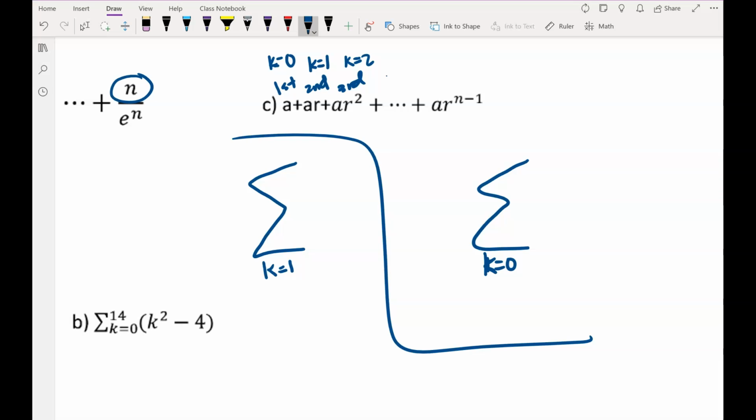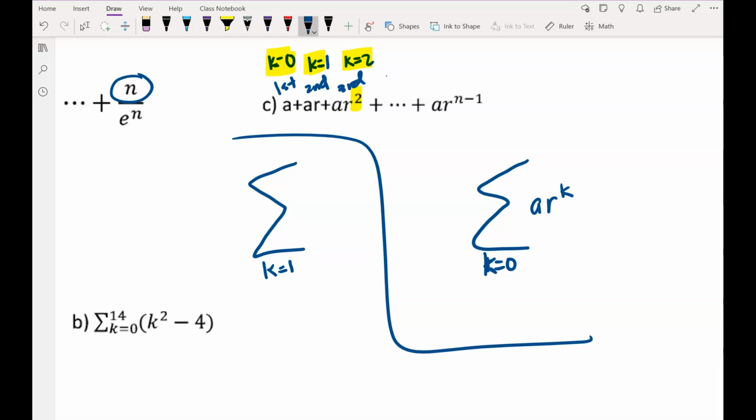Can you see that every time we plug in k, the power here is the same as the k if we are starting at k equals 0? So a is always constant, so I'm going to keep that. But the variable r changes its power every time I plug in k. So you can see that I can just use that as my answer.